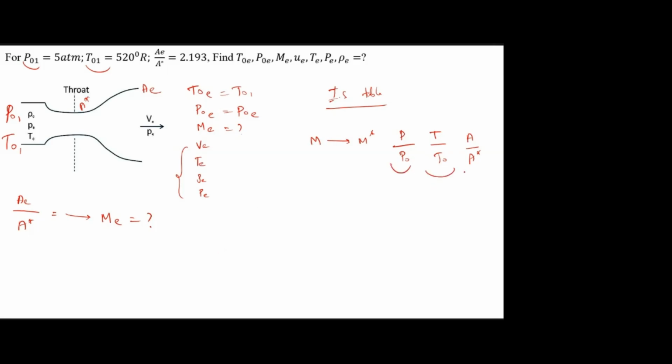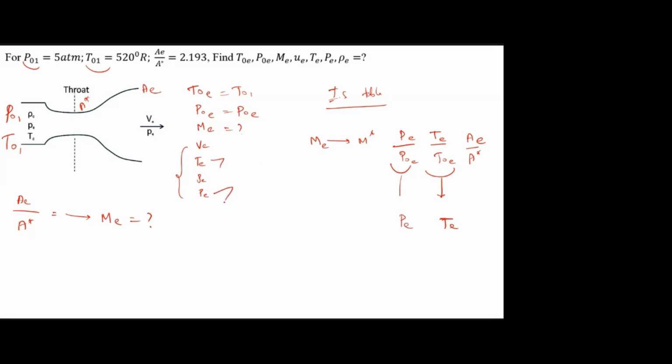Okay, so the same table, from this ratio, once you know T naught, we can find the TE, right? So assume this is AE. We know T naught E, from that we can find TE. We know P naught E, from that we can find PE.